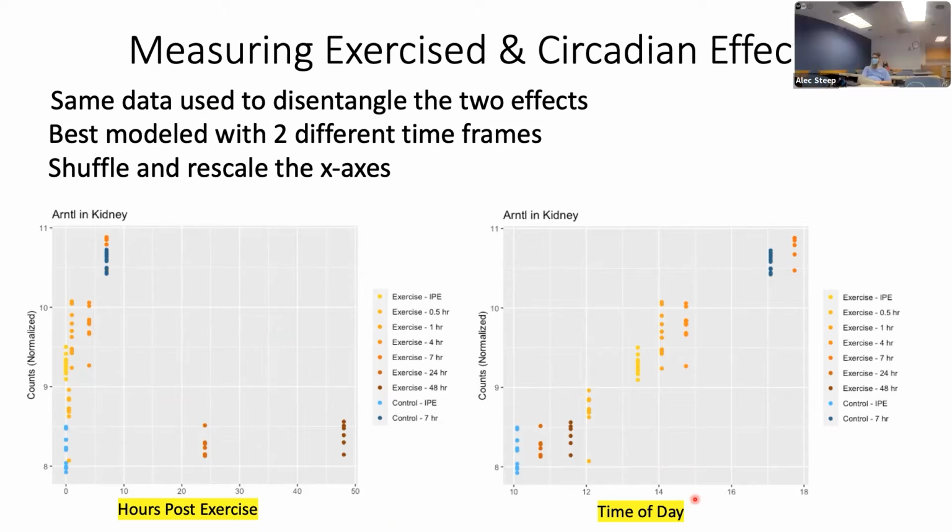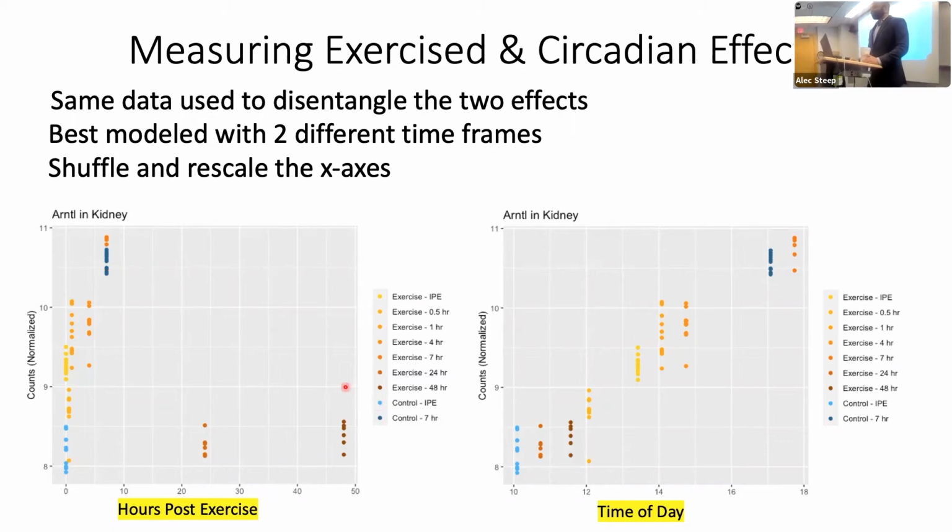So we're shuffling and rescaling the x-axis. So again, if we look at these control groups that differ considerably, they differ on different ends of this workday. So is it the time of day? Is there a circadian effect that's building up and changing the gene expression of these control groups?